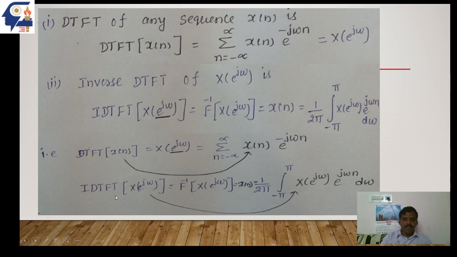The inverse DTFT of capital X of e power j omega is equal to x of n, that equal to 1 by 2 pi integral minus pi to plus pi X of e power j omega into e power j omega n into d omega, because it is an integration I am using d omega. If it is a DTFT, it is e power minus j omega n. If it is inverse DTFT, it is e power plus j omega n.